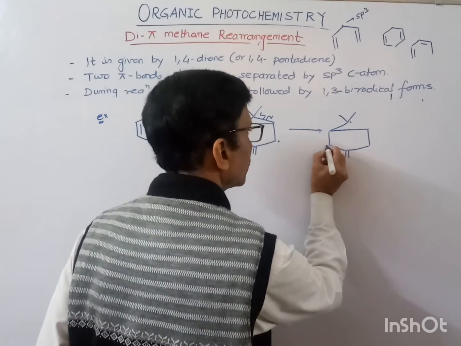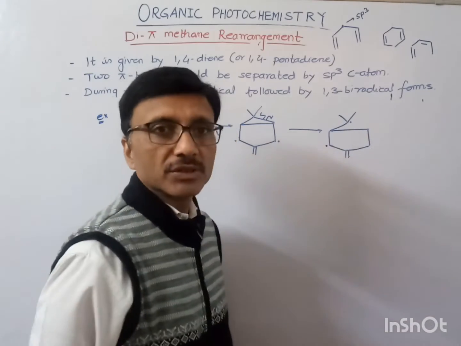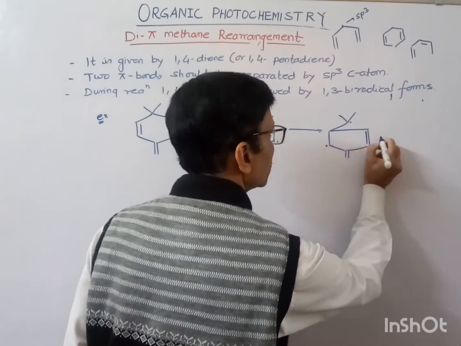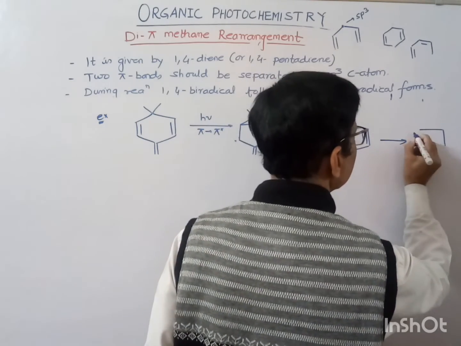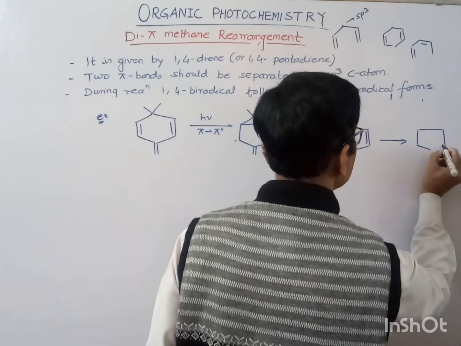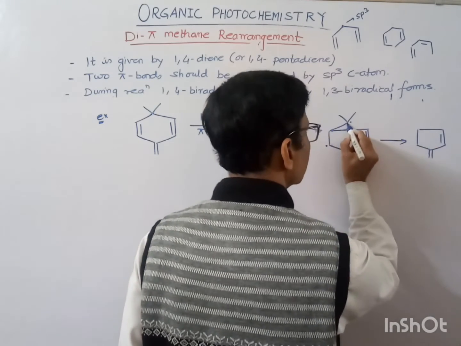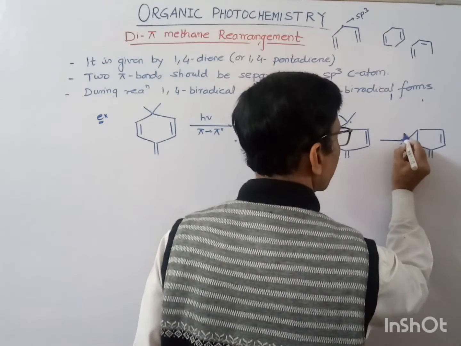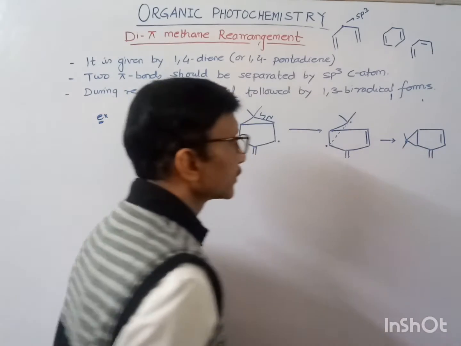So we have one radical over here, and 1, 2, 3, this is the 1,3 biradical which is formed. This radical and this radical will form a double bond, so these two radicals may join to give a product. This would be our product.